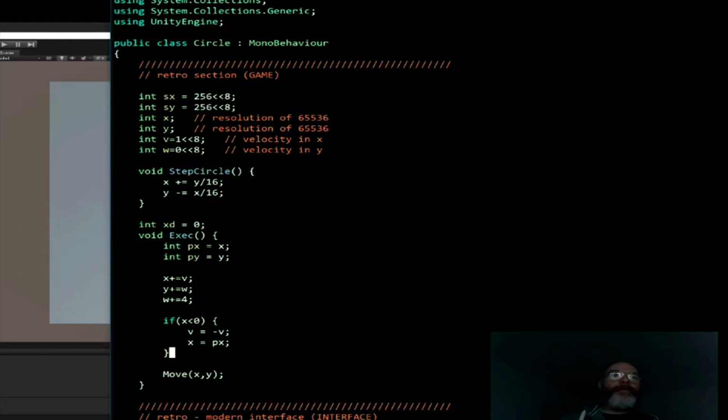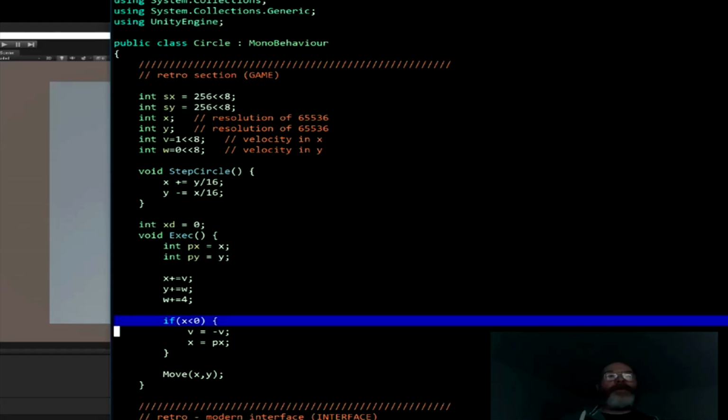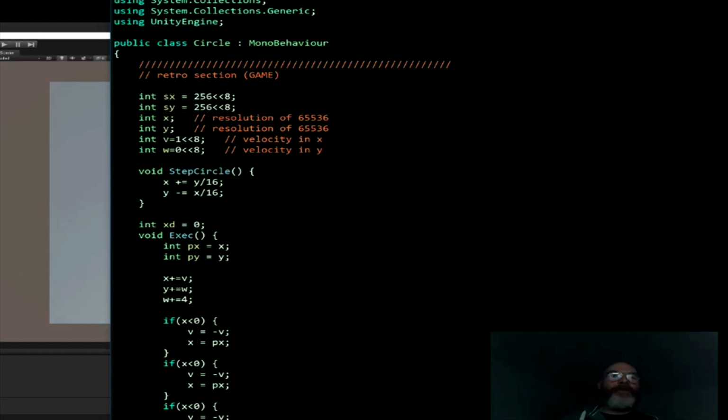So x is equal to previous x. Okay, we're going to replicate this pattern 4 times. If y is less than 0, reverse the y velocity and reset y to the previous y.